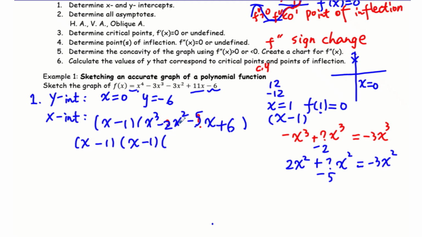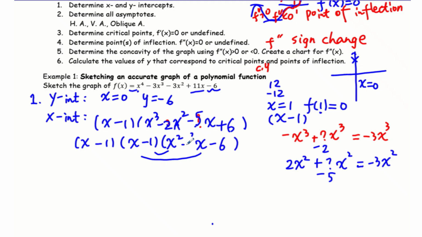So we do the same thing. We do the division. x cubed divided by x is x squared. Last one, 6 divided by negative 1 gives you negative 6. And this time we only have x we have to find. So minus x squared plus quotient x squared gives us negative 2x squared.